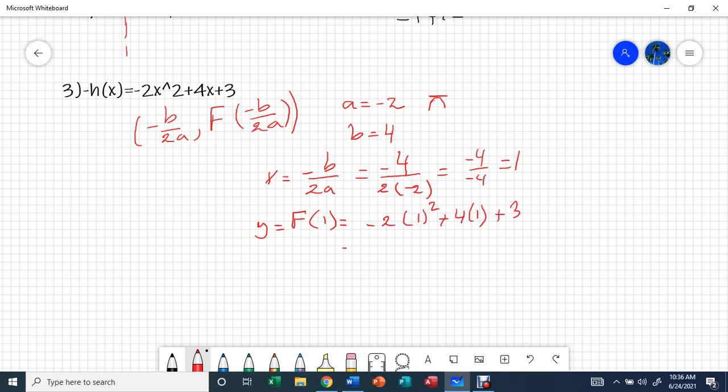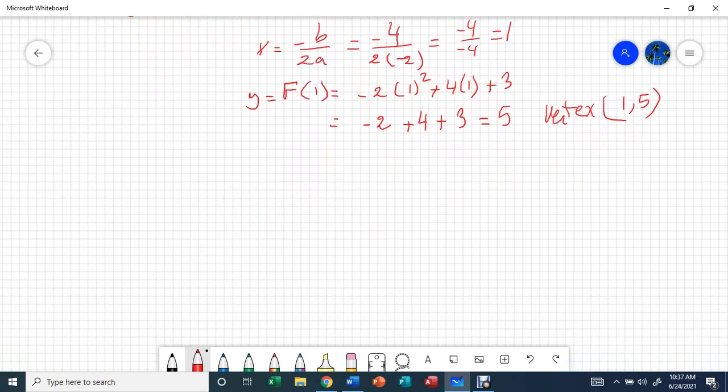Negative 2 times 1 squared is negative 2, plus 4 is positive 2, positive 2 plus 3 is 5. So my vertex is 1, 5 using that formula.